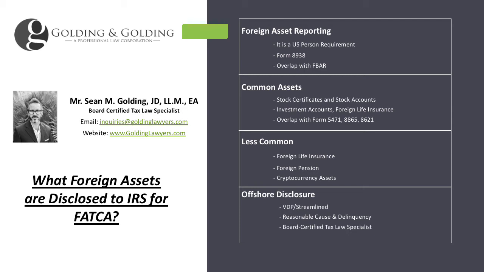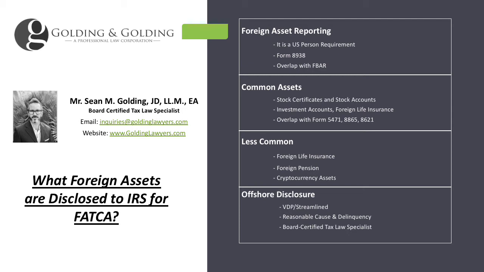Okay. What are some of the common assets a person would have to report? Well, let's say stock certificates and stock accounts. This is different from the FBAR, where it's only accounts. With 8938, you have stock certificates, other types of shares of stocks or securities, accounts with stock in it, other securities in it, all reported on Form 8938.